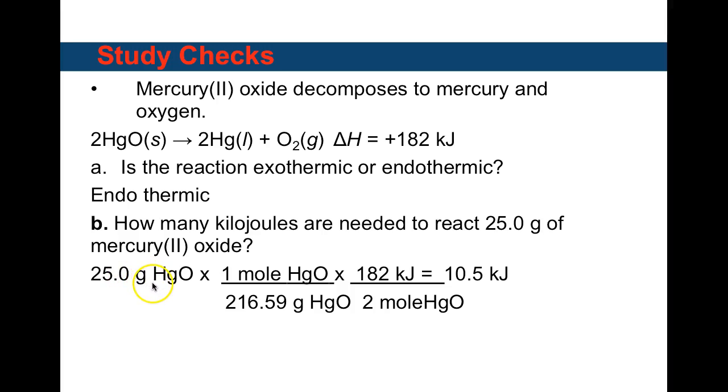So you convert the 25 grams to moles of mercury 2 oxide using the molar mass of mercury 2 oxide. Once you have the moles, then multiply it by the kilojoules and divide it by 2 moles of mercury 2 oxide, and it comes out to be 10.5 kilojoules.